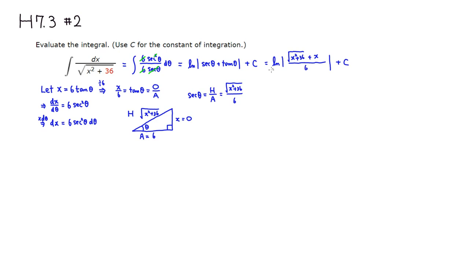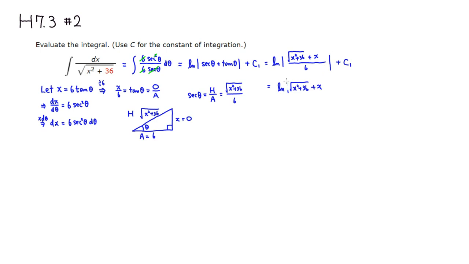Since you have a division inside, I'm going to call this constant C1, and we can split it as the natural log of the absolute value of the quantity. You can also eliminate the absolute value sign because this quantity is never negative, so I'll do that.